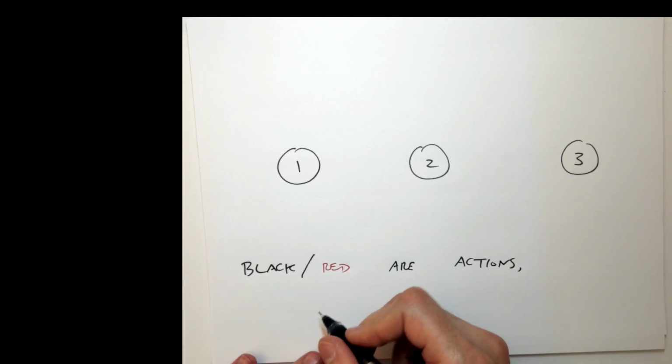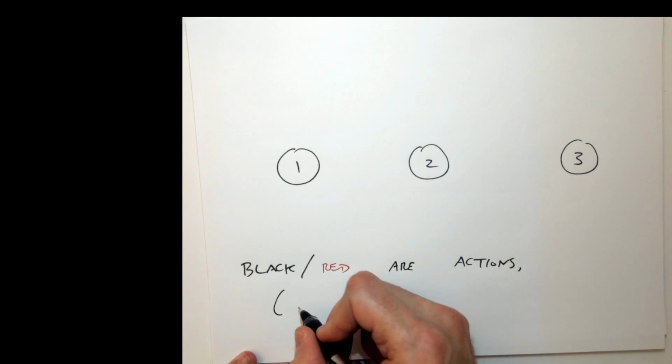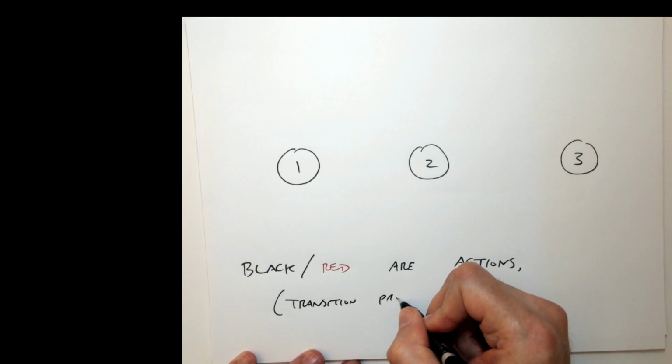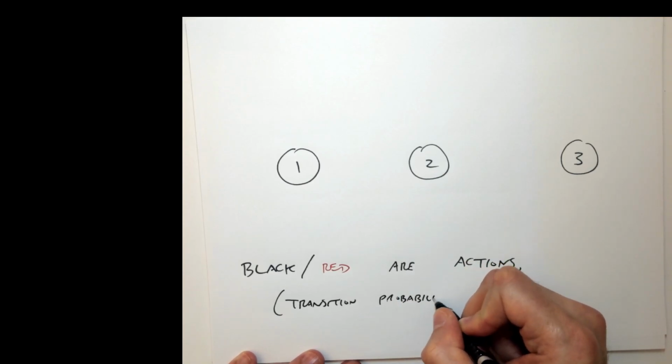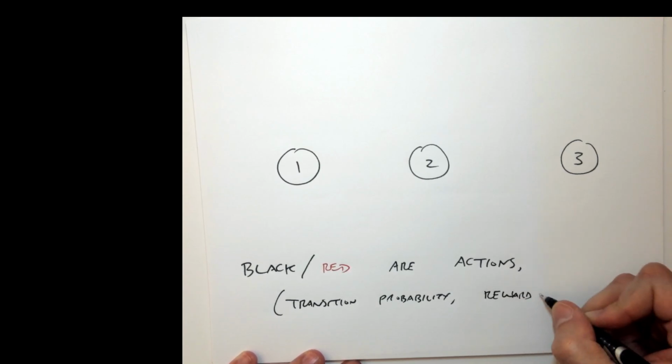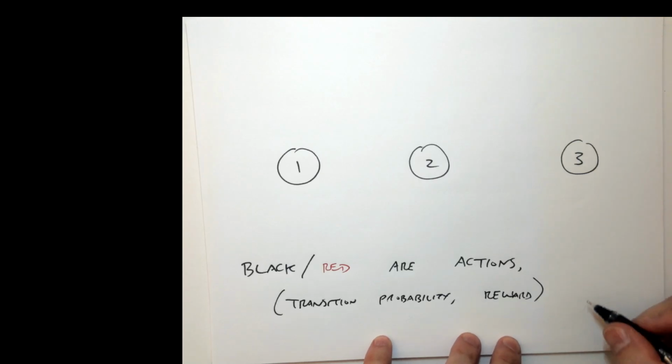And then for each action, I basically have a transition probability. Remember we talked about transition probabilities last time. And then I have a reward. Okay.